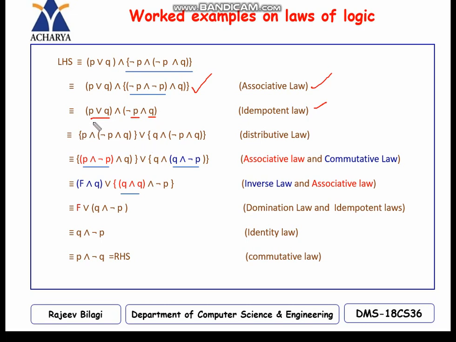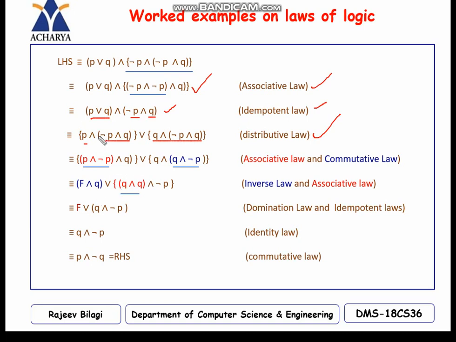Okay, now consider this P and this is Q and this entire thing as R. So P or Q and R, I can apply a distributive law here. So that is P and this part, OR operator, Q and this one. So Q and negation of P and Q. So that is the distributive law.